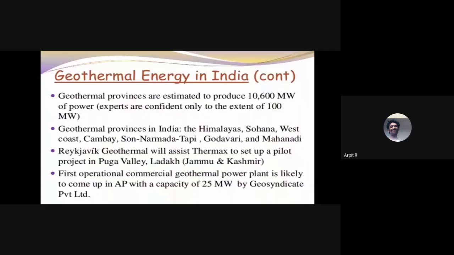Then, in the case of India, geothermal provinces are estimated to produce 10,600 megawatts of power. Geothermal provinces in India include the Himalaya, Sohana, West Coast, Cambay, Son Narmada, Tapti, Godavari, and Mahanadi.